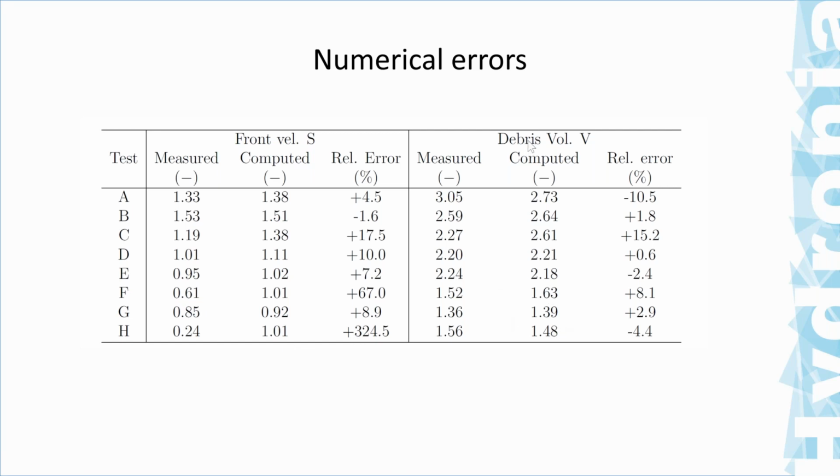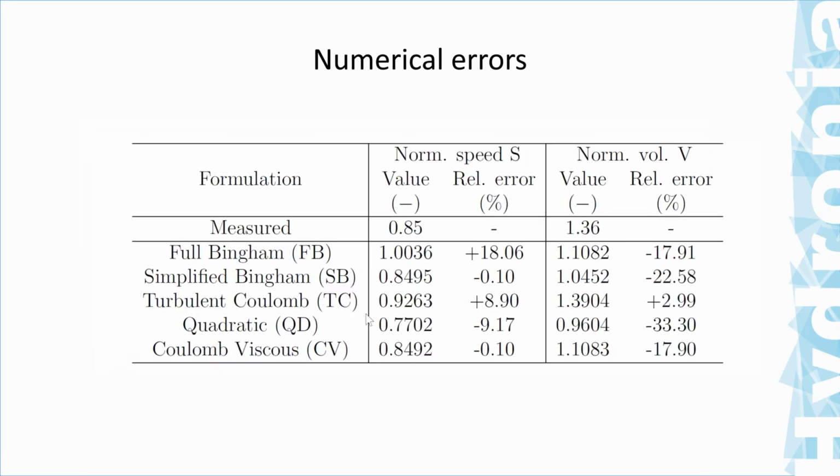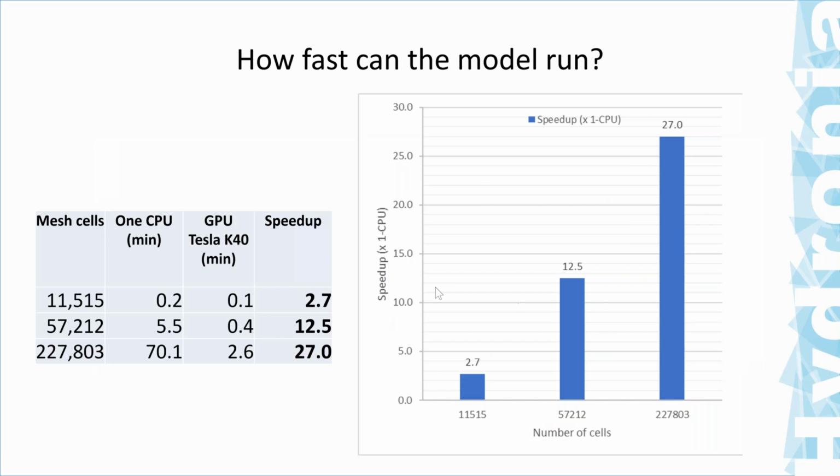We also compare the debris volume, so that's the amount that was mobilized, and you see here that we are very close for the most part, with very small relative error percentages. Also, I mentioned that we use different rheological formulations. In this case, we also got good results for the turbulent Coulomb or Coulomb viscous. And you see here the variations in the errors.